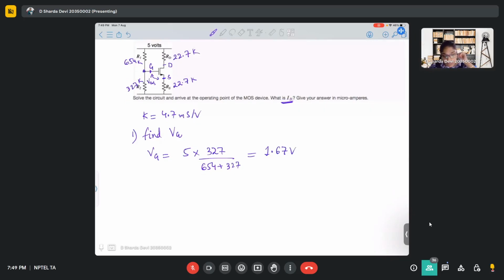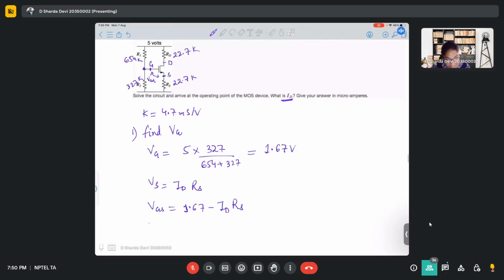Now, how will you find Vs? Vs is ID into RS. So VGS will be 1.67 minus ID RS.